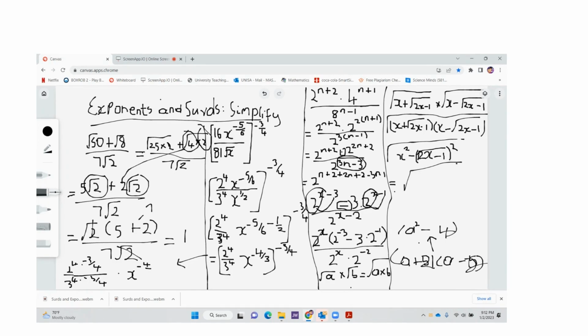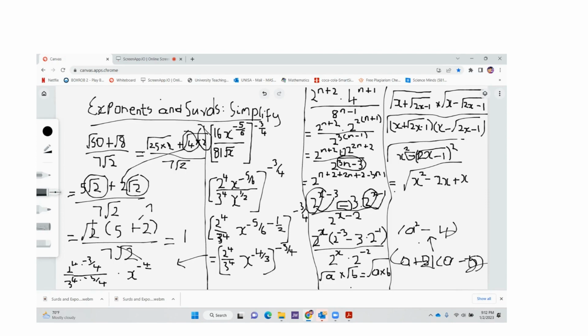Okay, then we have x squared minus, so square root cancels with the square in that case. Then we are left with 2x plus x. So just remember it's going to be this negative here.